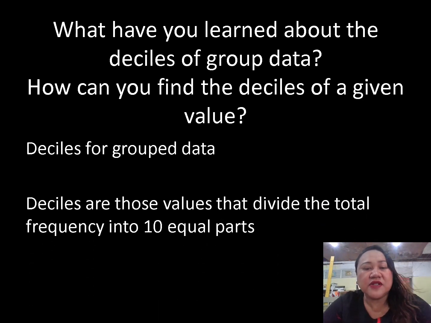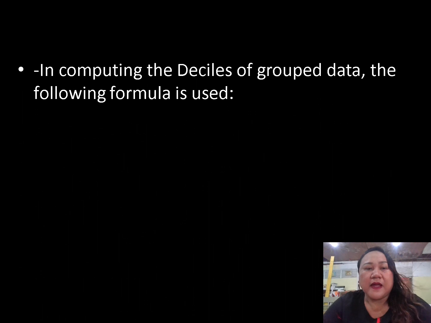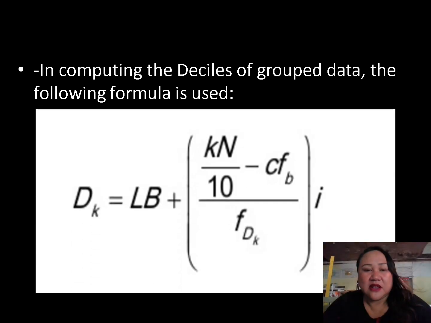Okay, deciles are those values that divide the total frequency into 10 equal parts. So, in computing the deciles of grouped data, the following formula is used. D sub k is equal to LB plus (k times n over 10 minus the cumulative frequency before the boundary) over the frequency of the class, times the interval, which is i.